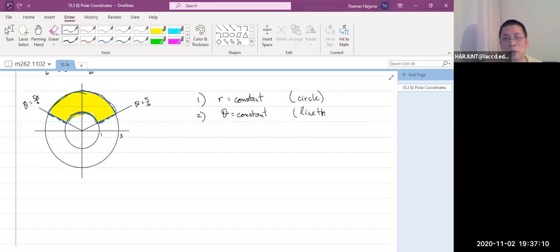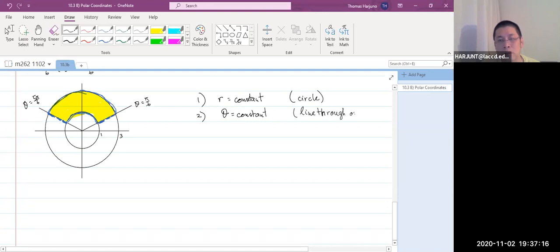Line through origin. What happens if we have x equals a constant? And later on when y equals a constant. Let's try to develop it.